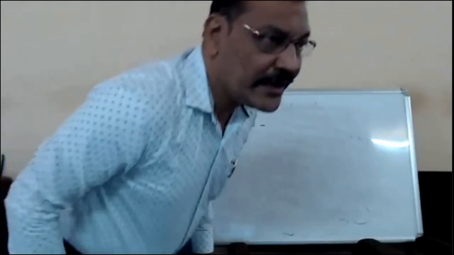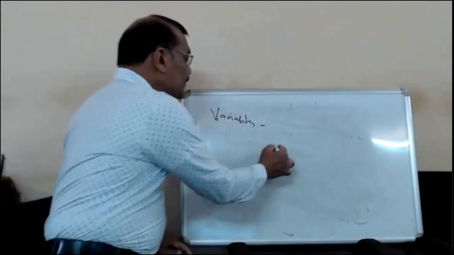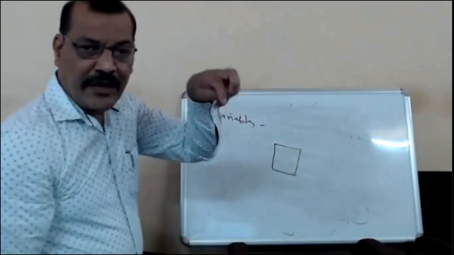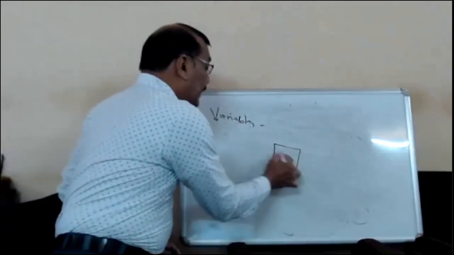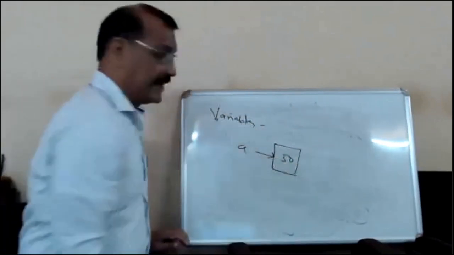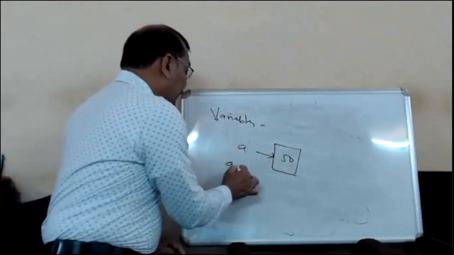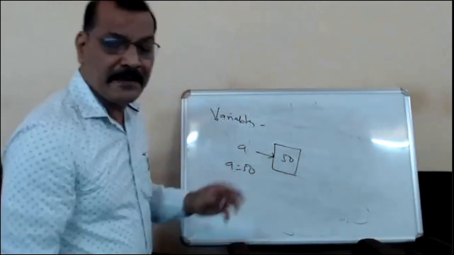So actually, what is the variable? Variable is the container where you can put the value and give it a name. So what is the meaning of that? A is equal to 50. This is the variable.